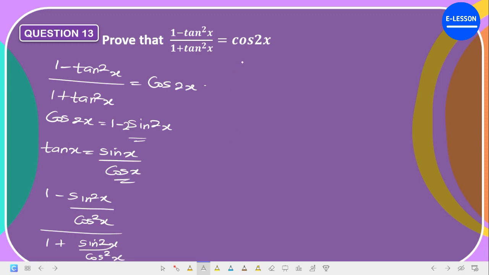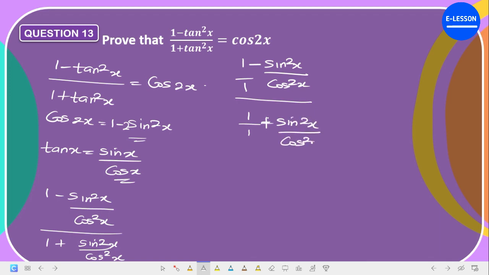Now, what are we going to have here? You have 1 minus sine square x all over cos square x. Why? Because sine square x over cos square x will give us tan square x. Now, this all over 1 plus sine square x all over cos square x.